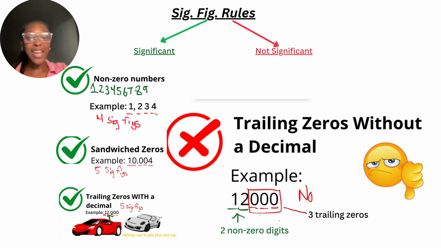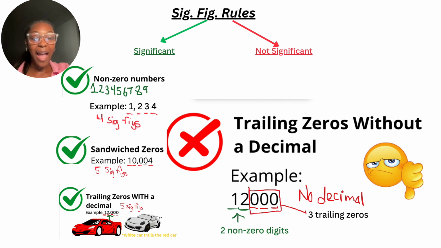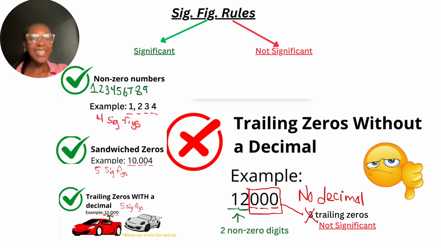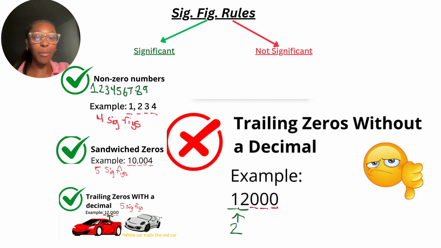Having 3 trailing zeros with no decimal means that they are not going to be significant. So now we can just count all of the digits in this number that are significant, which are going to be our two non-zero digits in this case. So for this example, the 1 and the 2 are going to be our two sig figs.